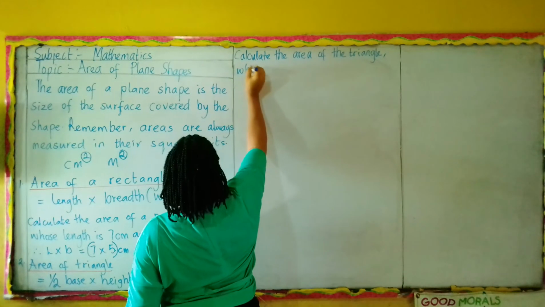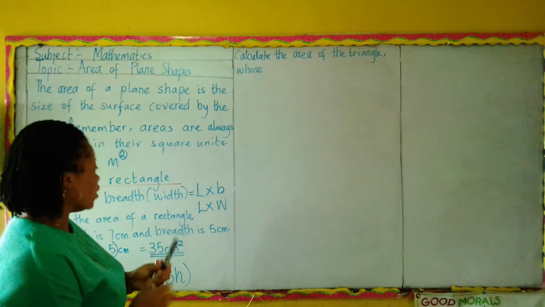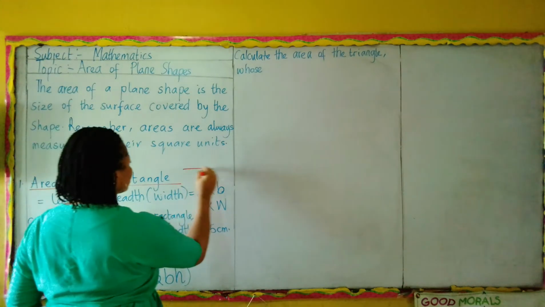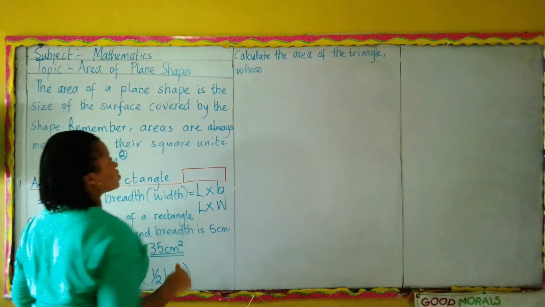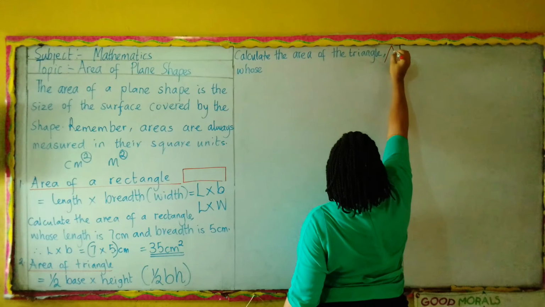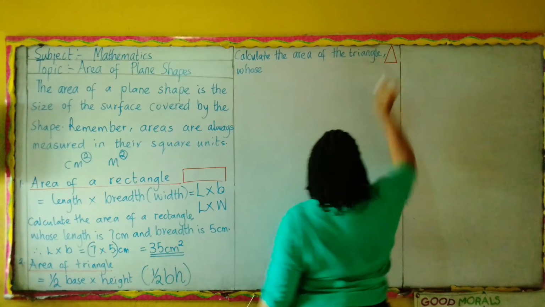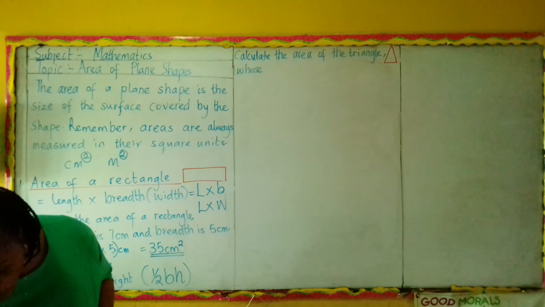Whose, I hope I don't need to draw these shapes for you. You know already how they look. This is how a rectangle looks, so you don't ask what it looks like. And this is how a triangle looks. It's good you always remember. Whose base is what?